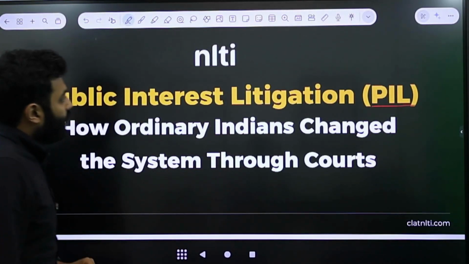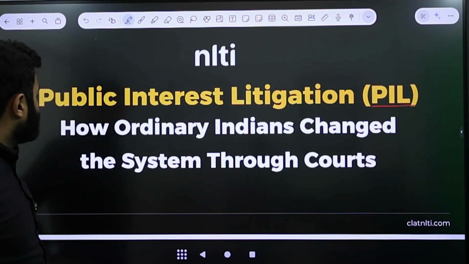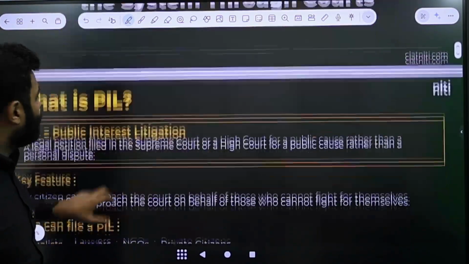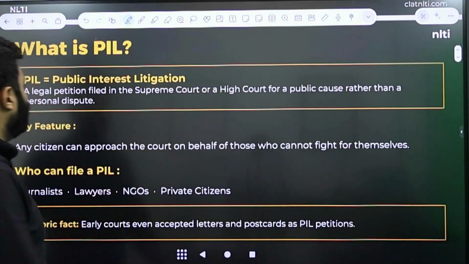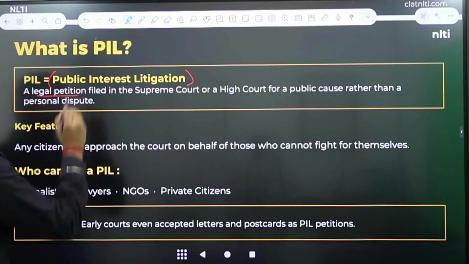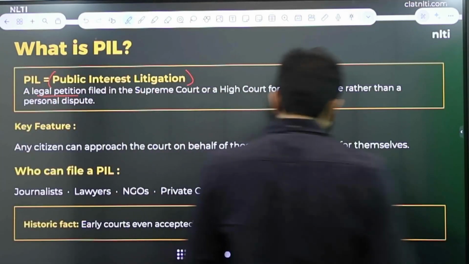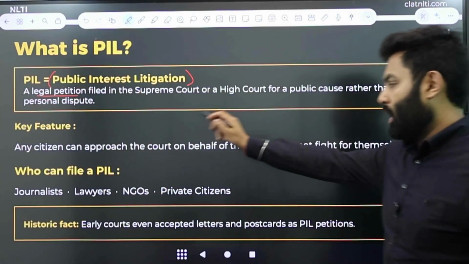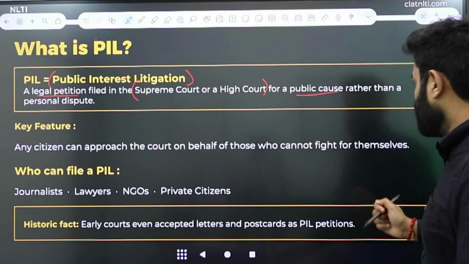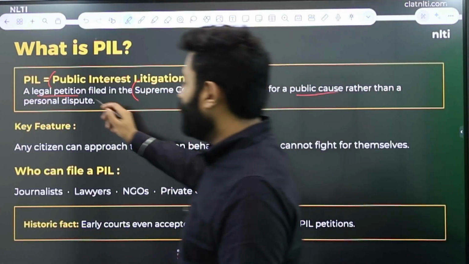Okay. Public interest litigation, PIL: how ordinary Indians change the system through courts. What is PIL? Public interest litigation. It is a legal petition filed in the Supreme Court or a High Court for a public cause rather than a personal dispute.